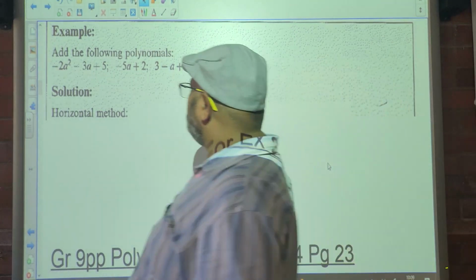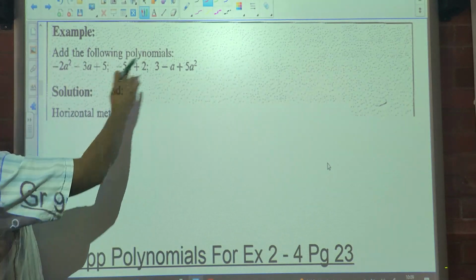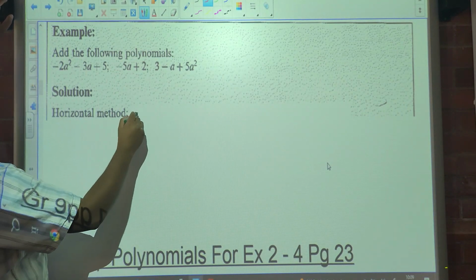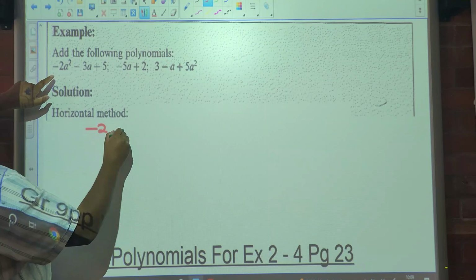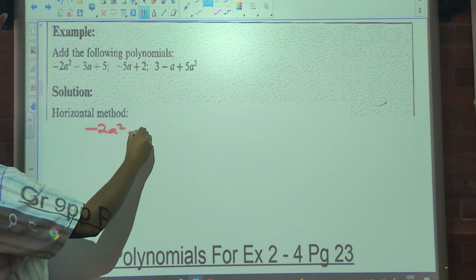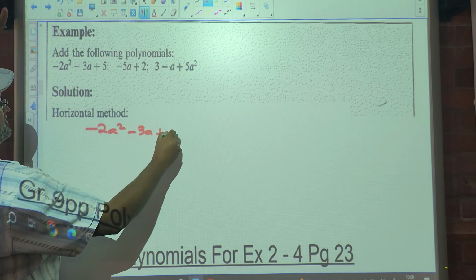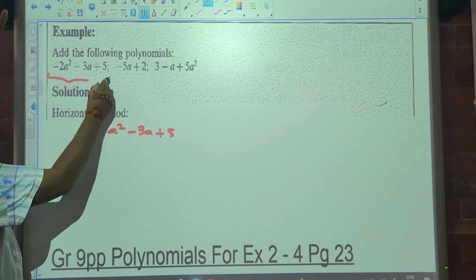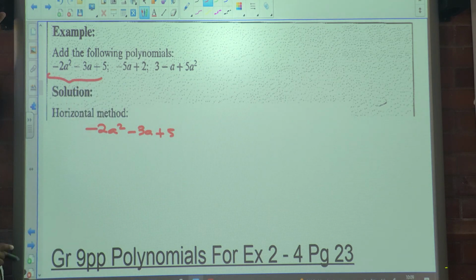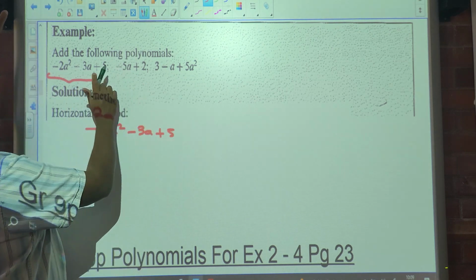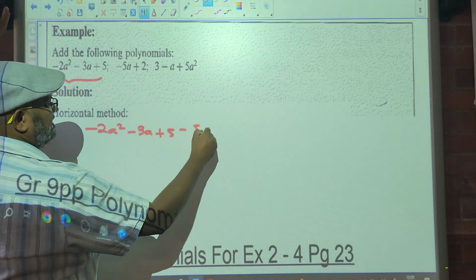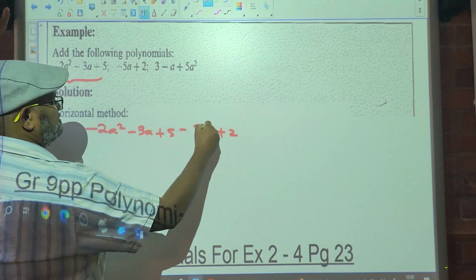So if I add all of these terms up, it will simply be negative 2a squared minus 3a plus 5. So that is the first expression. So what must be added to it is negative 5a plus 2.